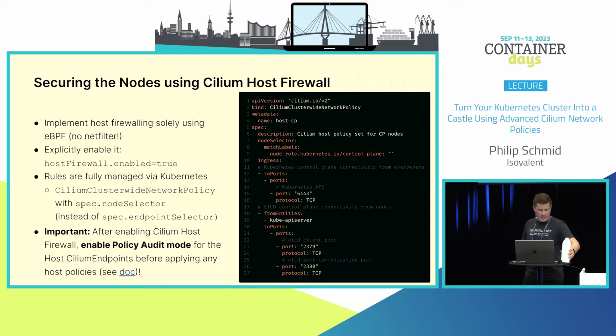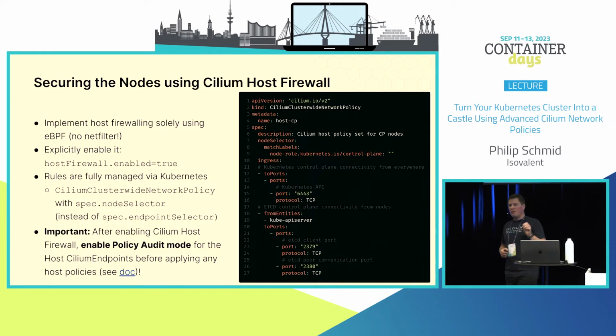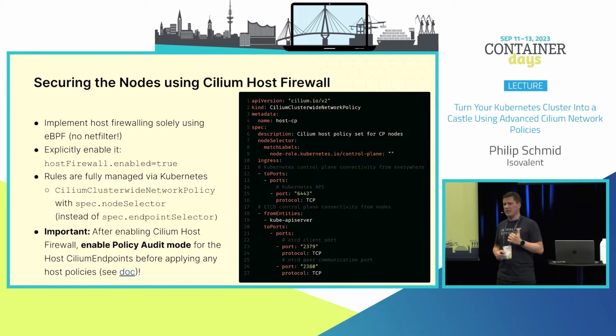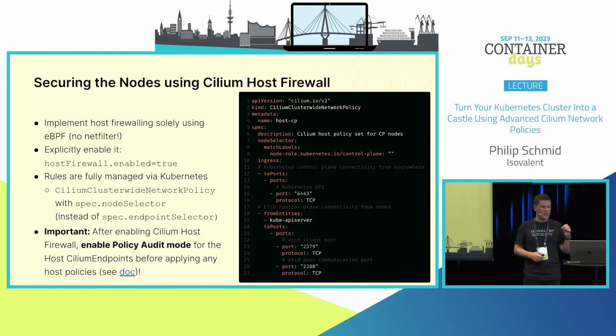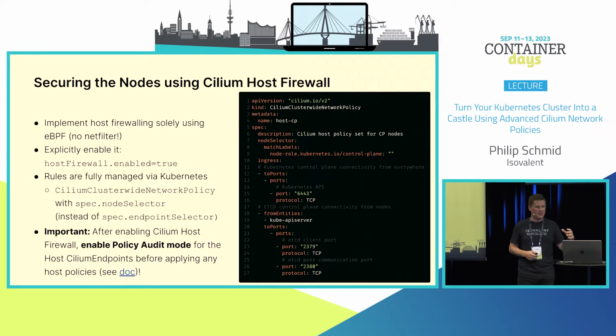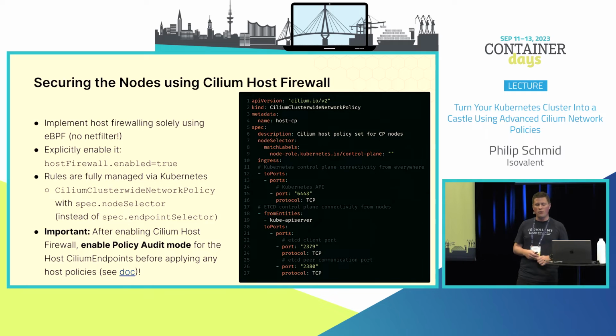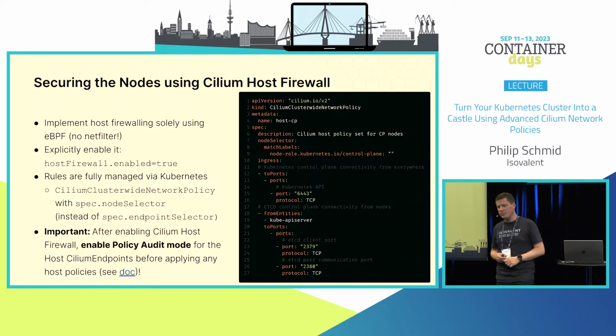One very important piece of information there. After you enable Cilium host policies, the first thing you need to do, or what's highly recommended to do, is to enable policy audit mode for the host Cilium endpoint.